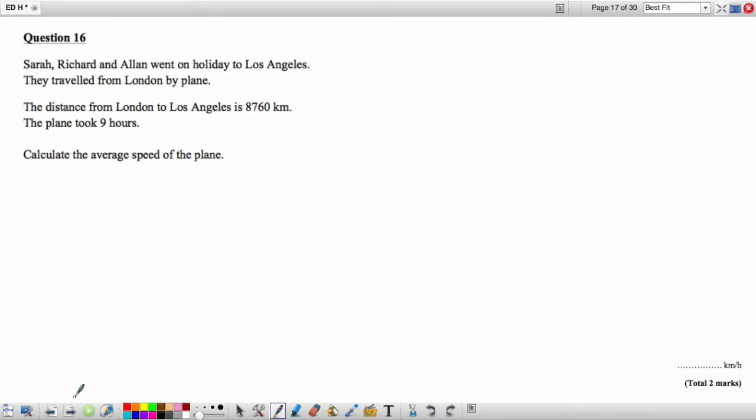Question 16. Sarah, Richard and Alan went on holiday to Los Angeles. They travelled from London by plane. The distance was 8,760 kilometres. The plane took the time 9 hours. Calculate the average speed. Well, if you want to use your formula triangle, speed is equal to distance divided by time.